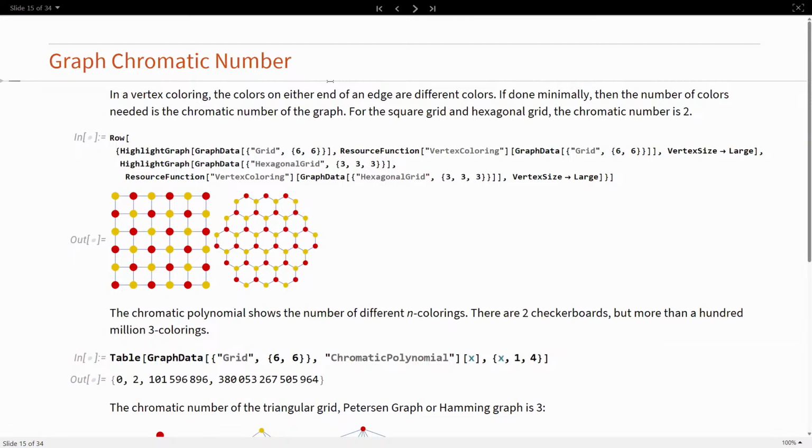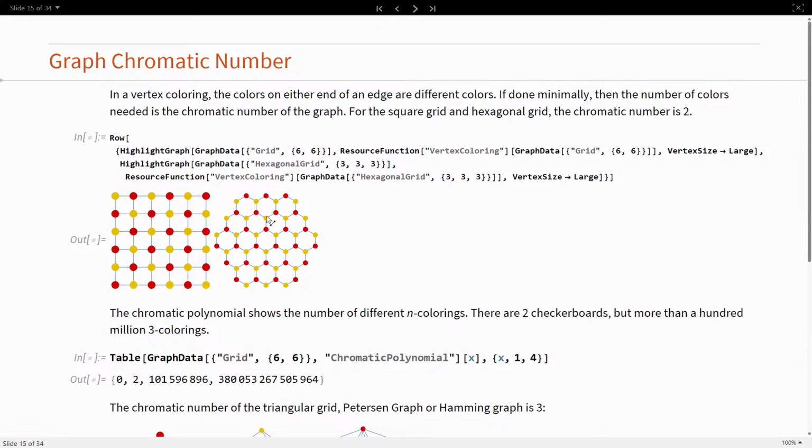The chromatic number of a graph, for the vertex chromatic number, you basically want a vertex coloring where for every edge, the different ends are different colors. So for the square grid graph, you basically just need to use a checkerboard pattern.